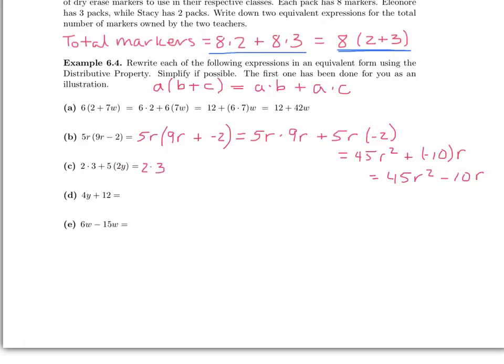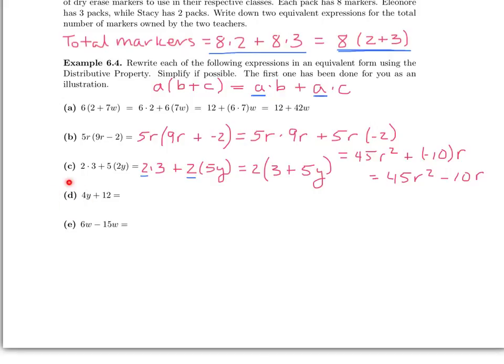We'll write this as 2 times 3 plus 2 times 5y. So you can see the 2 is playing the role of the a. So we can rewrite this in an alternate form using the distributive law. Instead of writing it in this form, let's write it in this form. I'm going to bring the 2 outside, that's my a, and then inside the parentheses I should have the b plus c. For us, that's 3 plus 5y. And that would be the simplest form I could write that in.